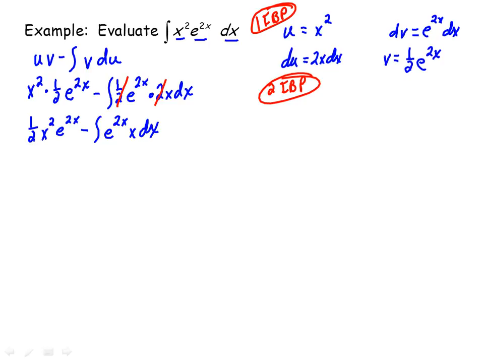Well, I can get rid of the 2 and I get 1/2 du. What do I need? I need an x. So u substitution is not going to work because I don't have any way of getting rid of that x. That should be your bell, ding, ding, ding. What do I have to do? Integration by parts again.